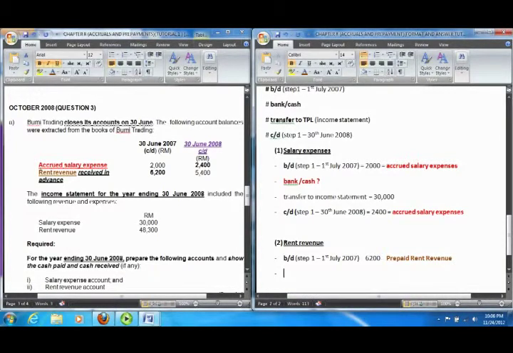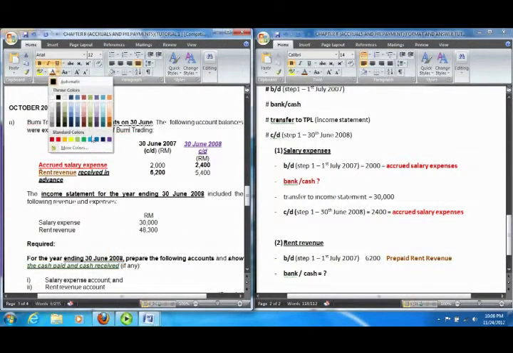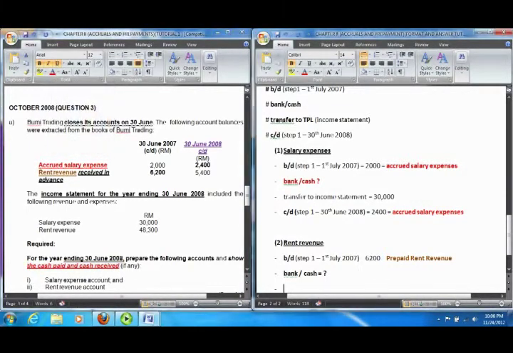Next item that you need to know is your bank or cash. However, did the question give you? No, because the question required you to calculate. Alright, next class, the item that you need to know.